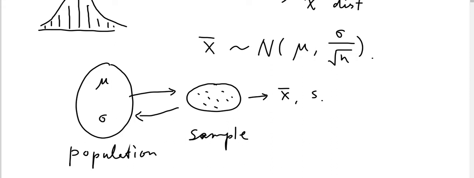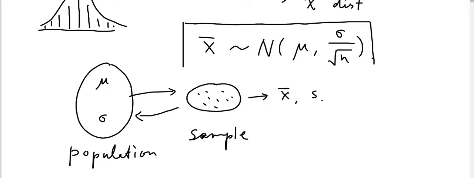How can we do that? We base it on the sampling distribution result: the sample mean x bar follows a normal distribution. This is actually the foundation of statistics.